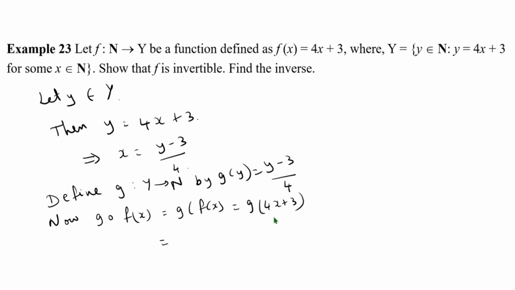So g of 4x plus 3 will be equal to, in place of y we have to substitute 4x plus 3, (4x plus 3 minus 3) by 4. So plus 3 minus 3 will go, we get 4x by 4, this is equal to x.